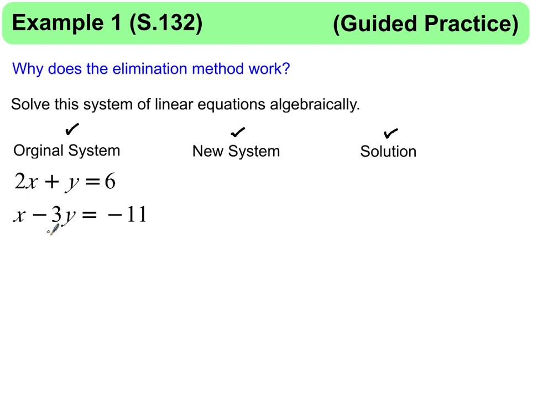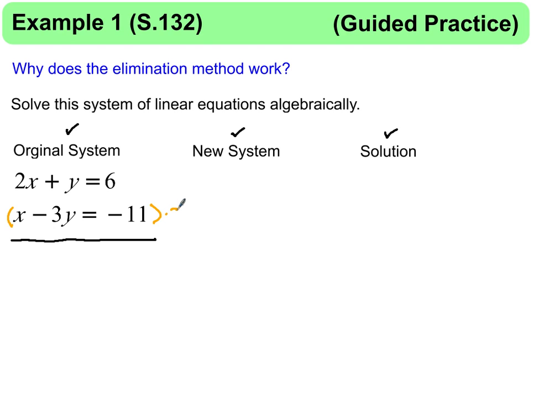So when I'm working with the elimination method, what I want to be able to find is something that's going to vertically eliminate the x's or vertically eliminate the y's. Well, right now, whether I add or whether I subtract, we're not going to eliminate one of those variables. So what I can do is choose to multiply, let's say, this second row here by 2.